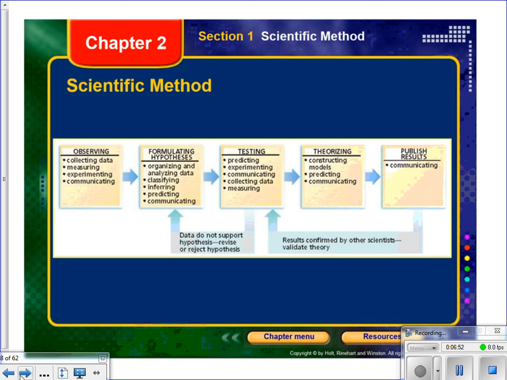All right, so here are our common steps for the scientific method. Going back to the flashlight example, I give you a flashlight and it doesn't work, so that's our observation. Communicating, so you're going to ask somebody, hey, did you get this flashlight to work when you used it?